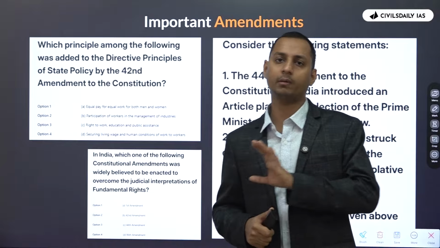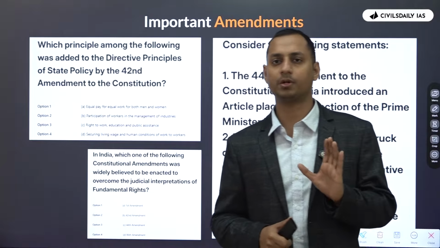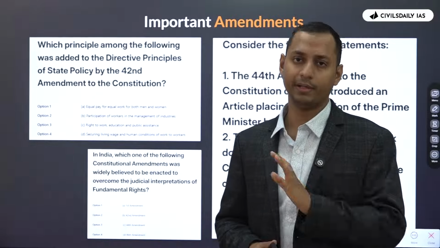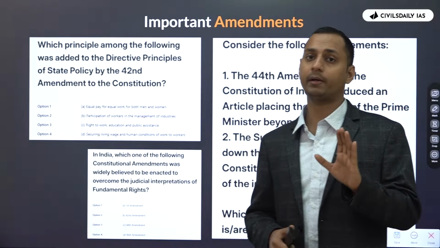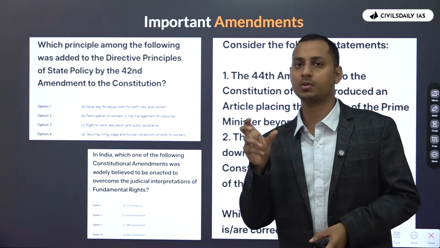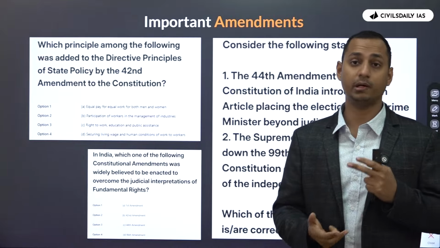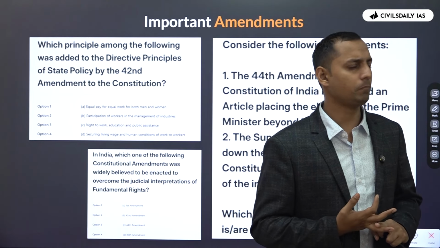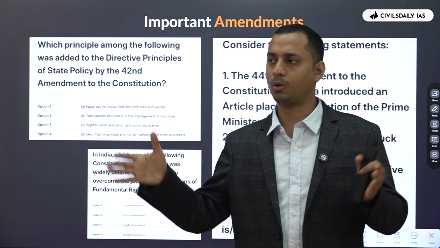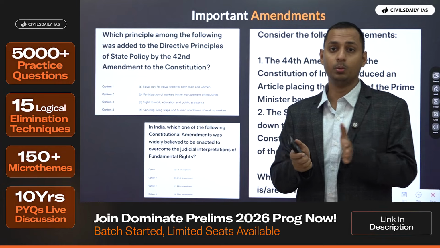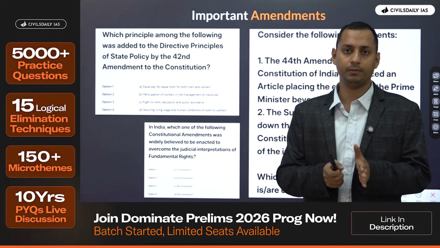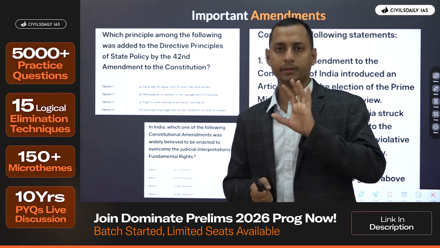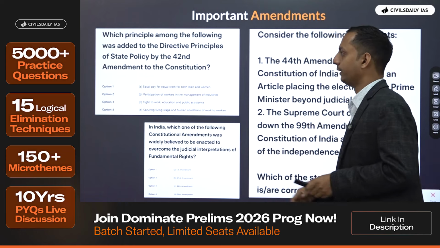Most of the amendments given in Lakshmikanth are all very important. Therefore, you need to have a clear-cut idea on which provision was altered in which amendment, and in which one the anti-defection law came. Let's say, for example, the Council of Ministers got restricted to 15% of the Lok Sabha. It was in the 91st Amendment. So for all the important amendments, you need to have clarity.